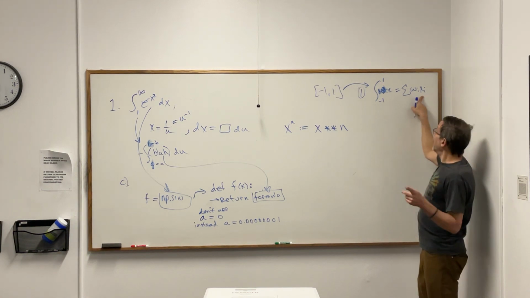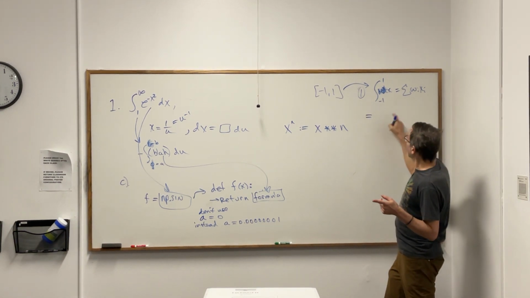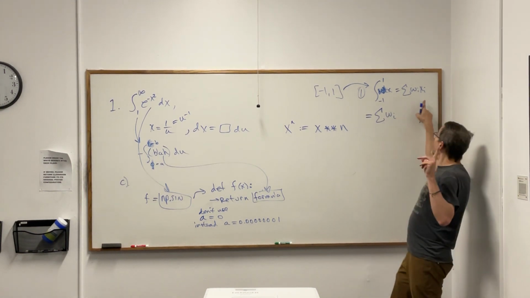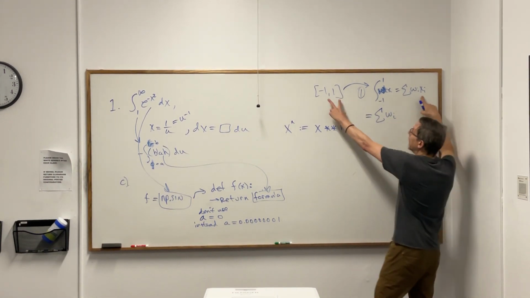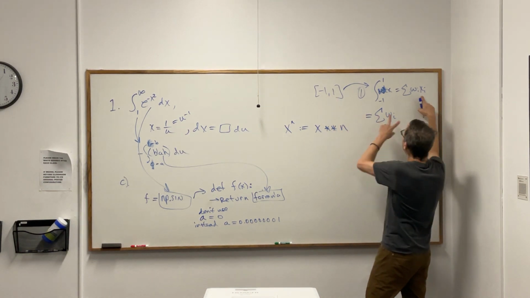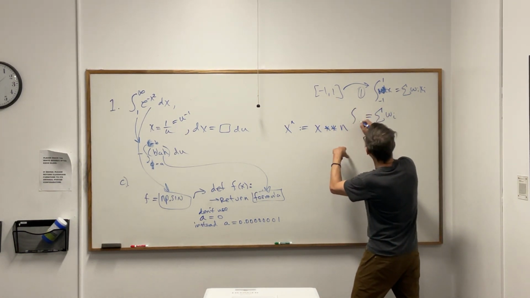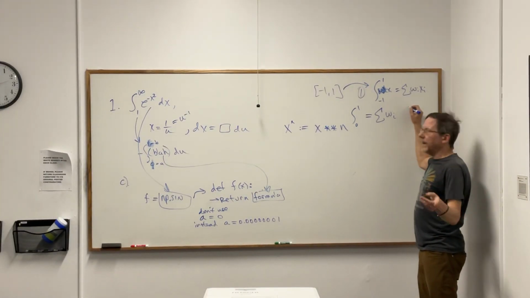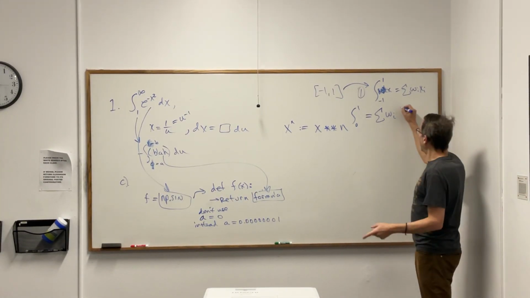What you're going to change those to, Eva, is your weights are going to stay the same, but your nodes need to be shifted so that instead of being here, they are for 0 to 1. So you don't do anything with the integral, you just change the nodes. Right, exactly, yes. Thank you. Exactly, does that help?